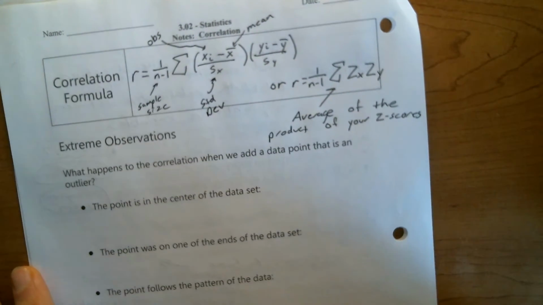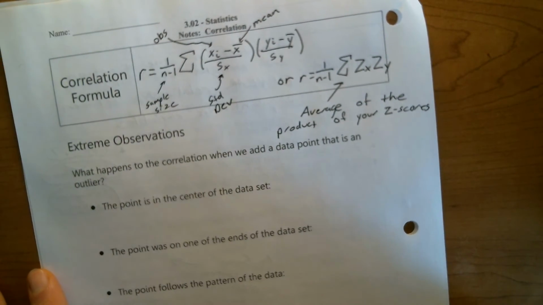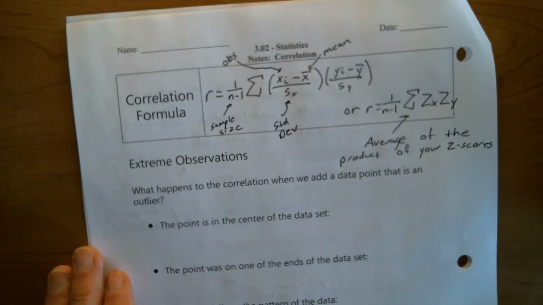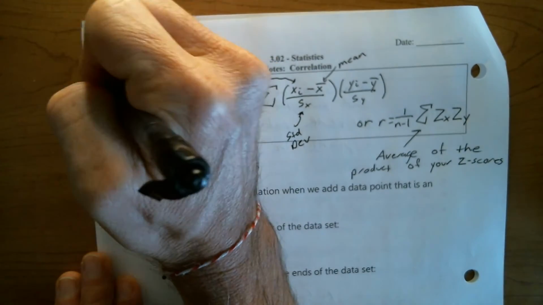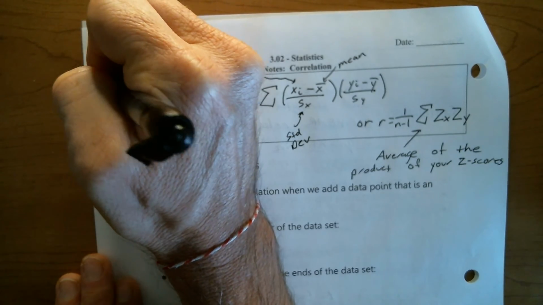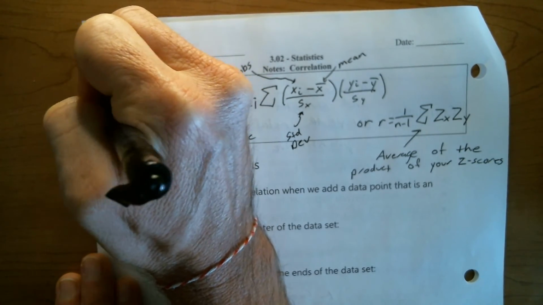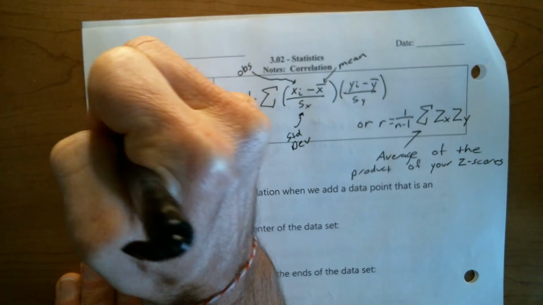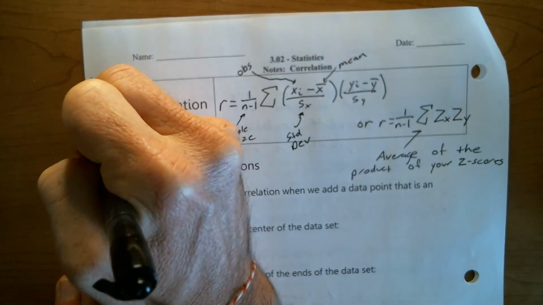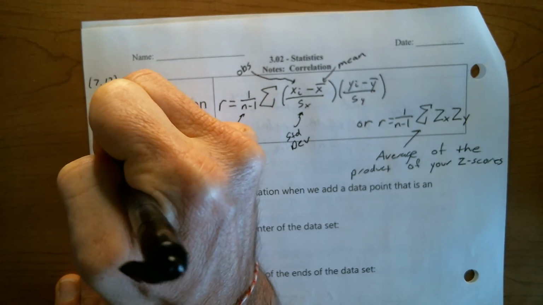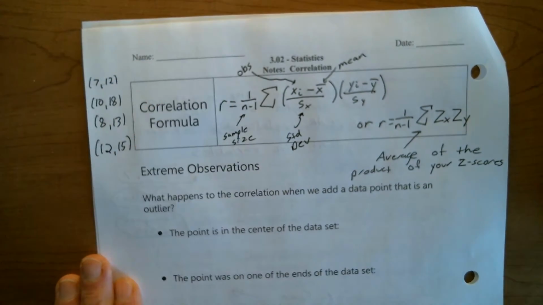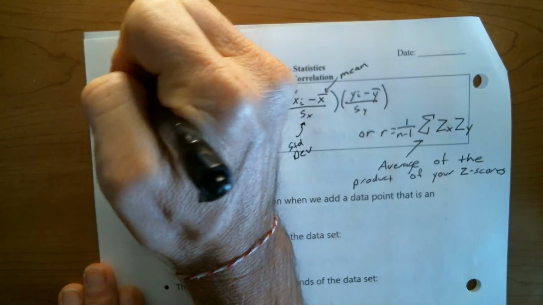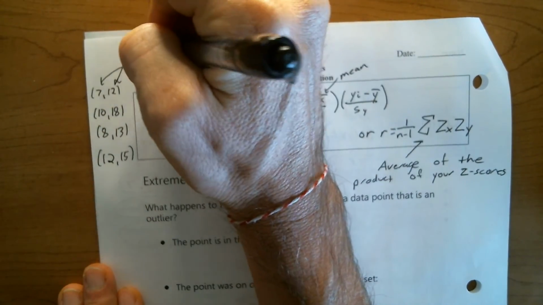So you have your xy coordinates for your scatter plot. Let's just pretend you've got a whole bunch of coordinates. Maybe one is 7, 12, and another one is 10, 18, and another one is 8, 13, and another one is 12, 15. You have a whole bunch of coordinates. All of these get turned into z-scores.